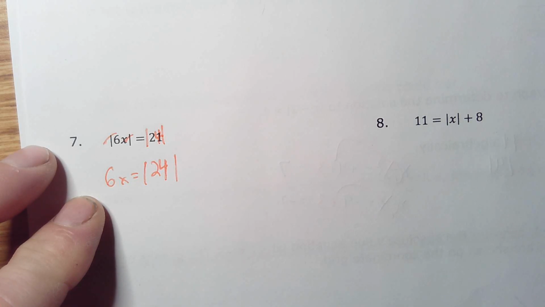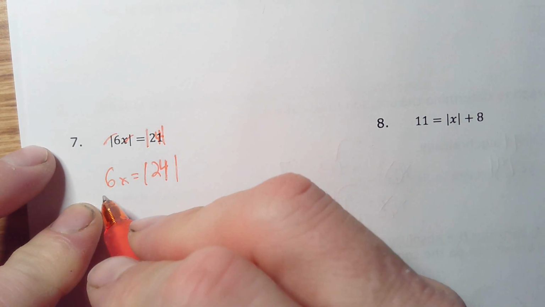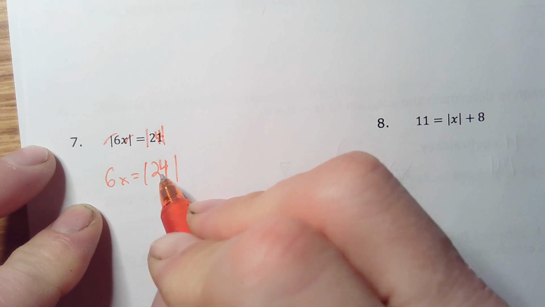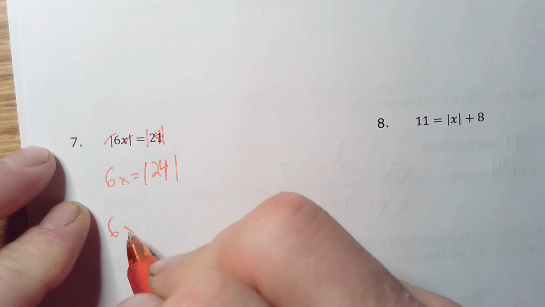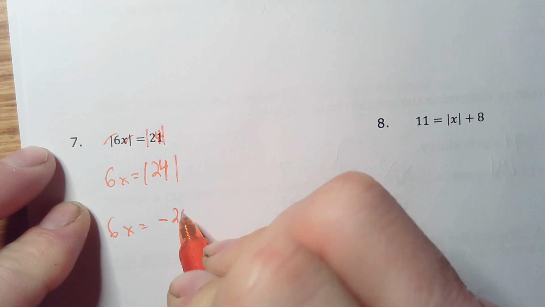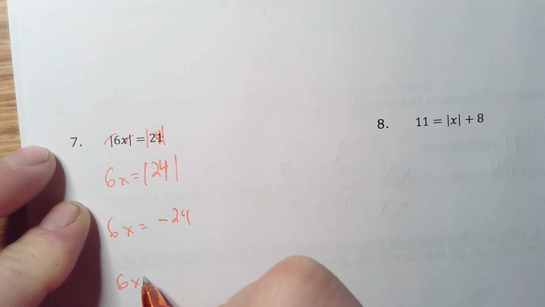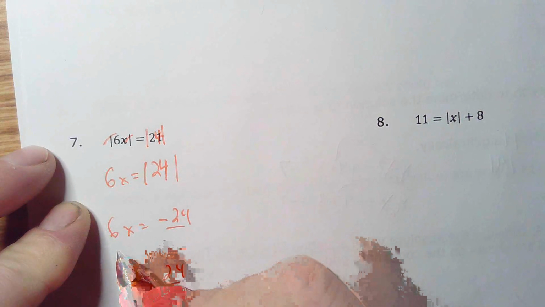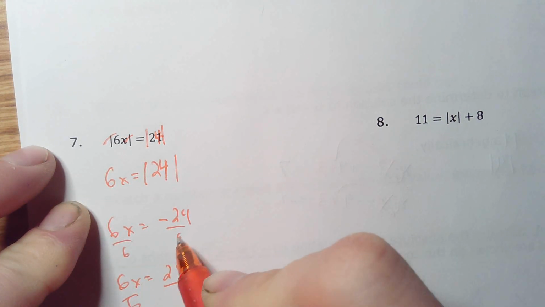Okay, so now I'm going to clear these sides by saying that 6x equals negative 24 and 6x equals 24. Divide both sides by 6. It's the coefficient of my variable term.